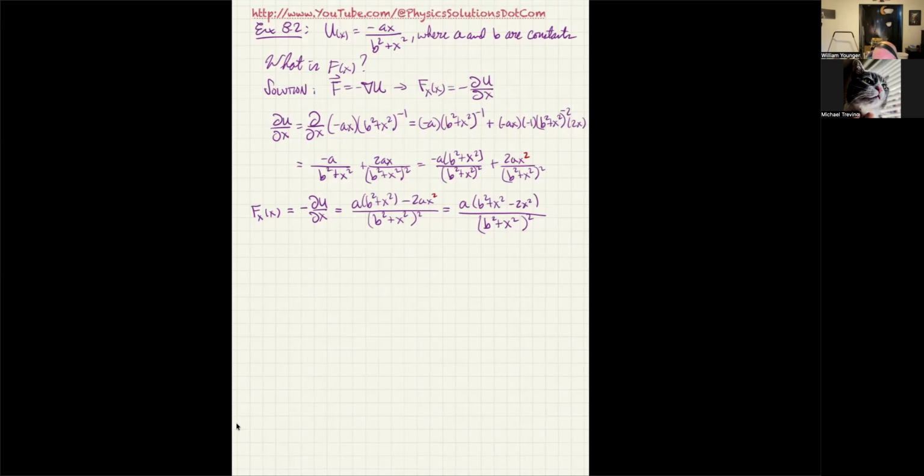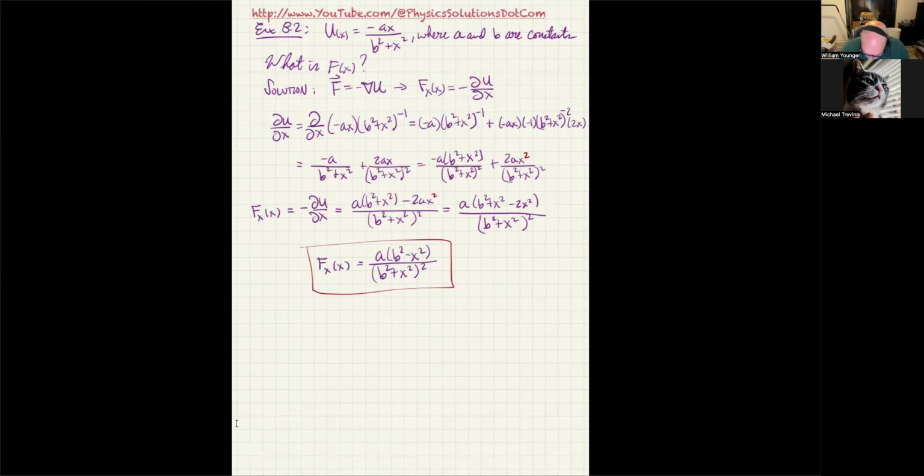So now you can see x squared minus 2x squared is going to be negative x squared. And now it gets to the final result. The x component of f sub x is in fact equal to a times b squared minus x squared over b squared plus x squared to the 2 power, and that's the total answer.